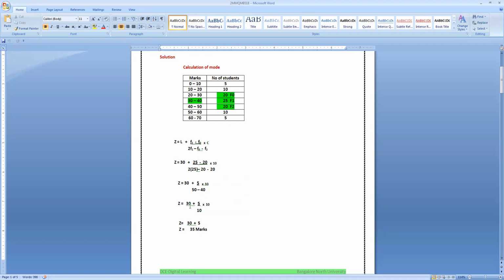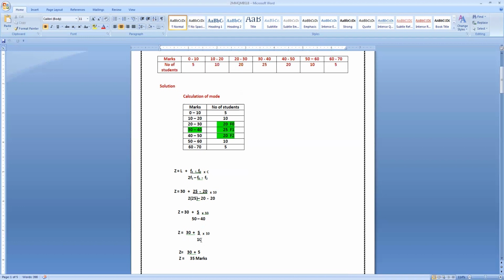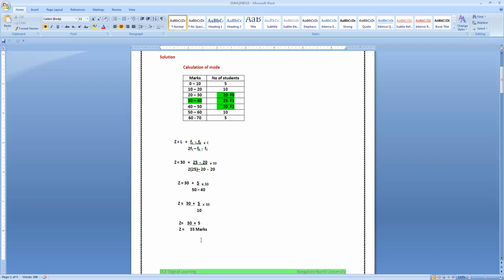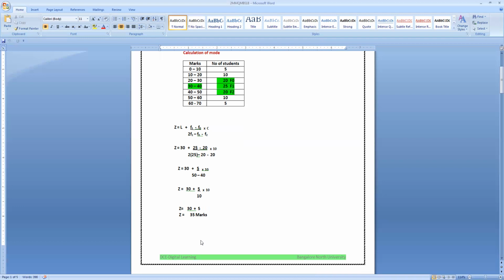So Z equals 30 plus 5 divided by 10 into 10. After calculating 5 by 10 into 10, we get 5. So we add it to the lower limit, 30. Therefore, Z equals 35. Because the information is given of marks, the modal value is 35 marks.